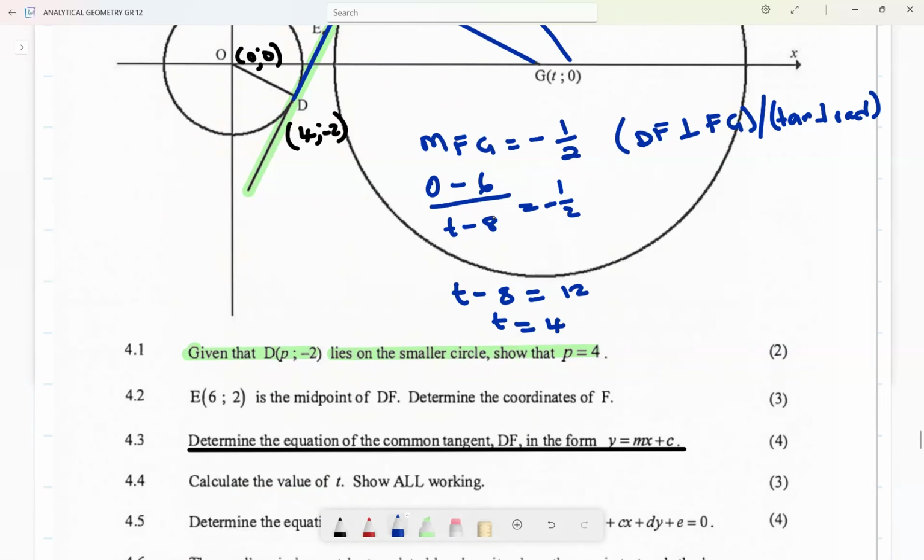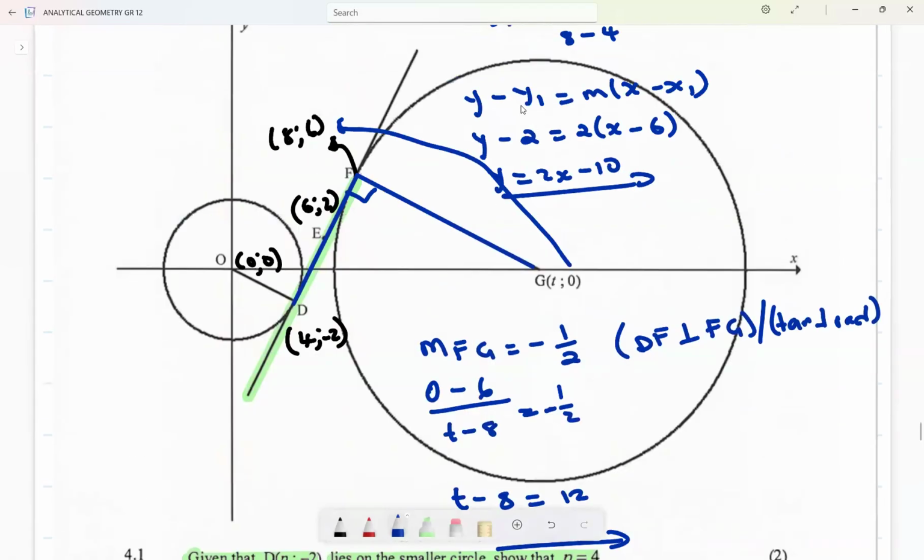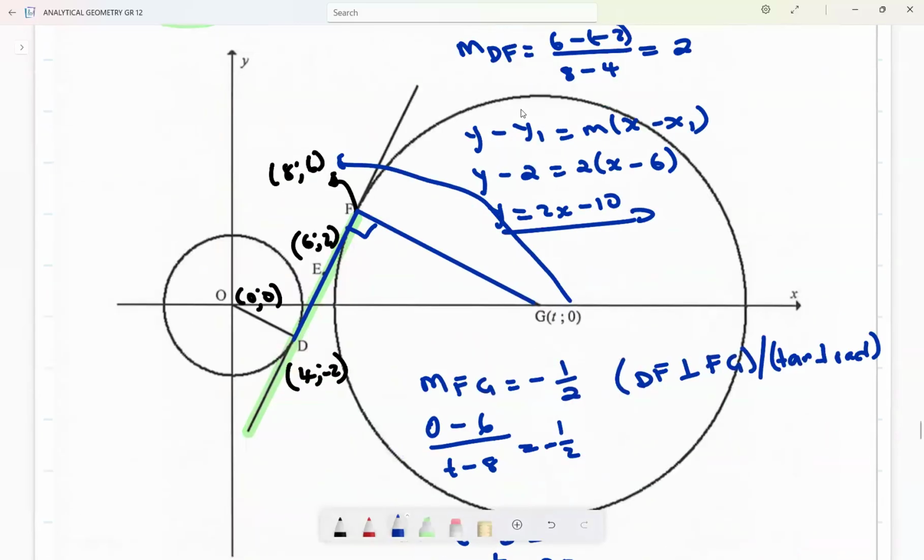Guys, I'm lying here. I'm lying. 20. So the value of t is 20. Okay? So the value of t is 20. What you can do is try to find the equation of the bigger circle and then become a mathematician thereof.